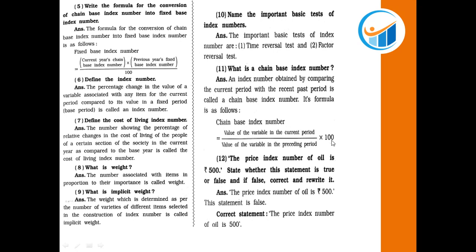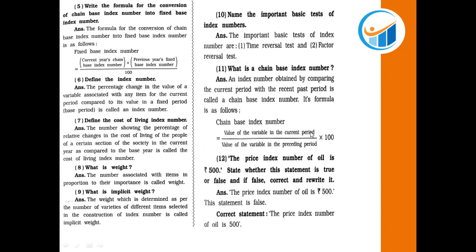Once again, the formula is P1 upon P0 into 100, but here P1 is always the variable value of the current period, and P0 is nothing but the value of the variable of the preceding period, not the base year. So this was question number 11.